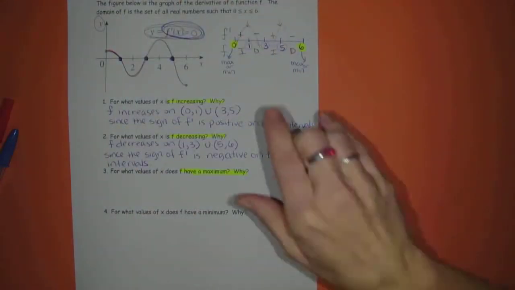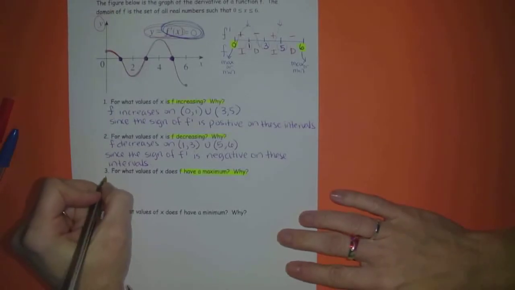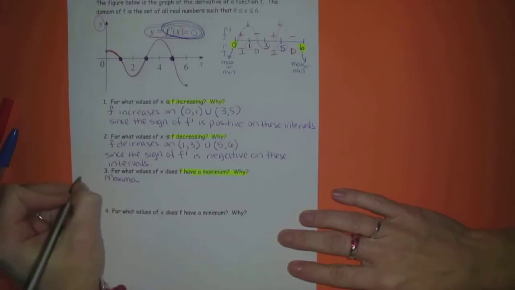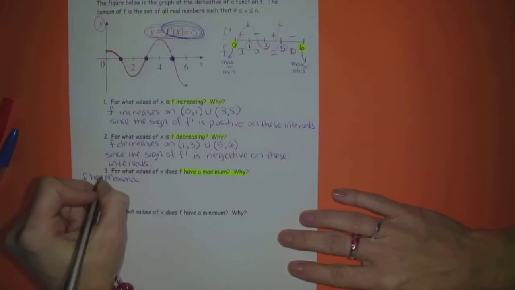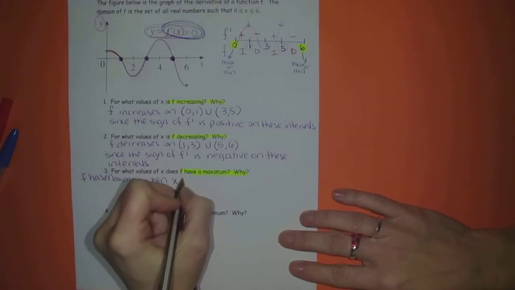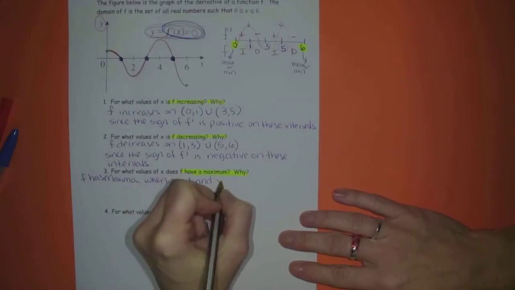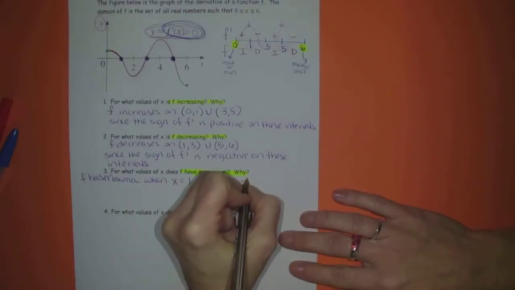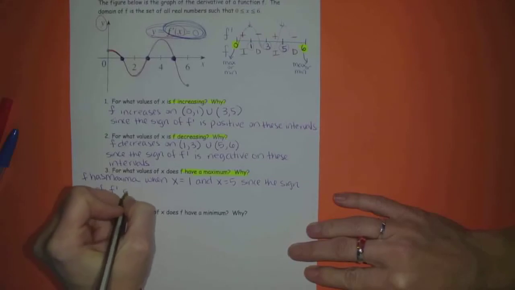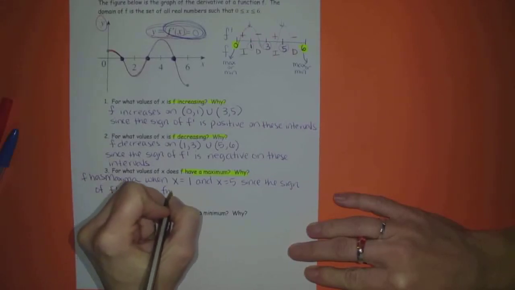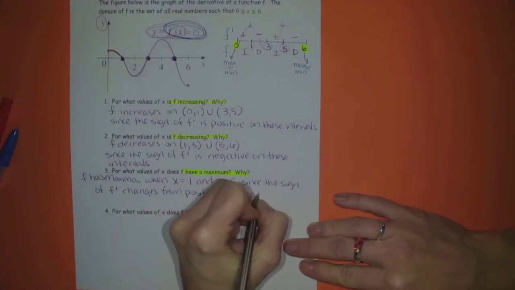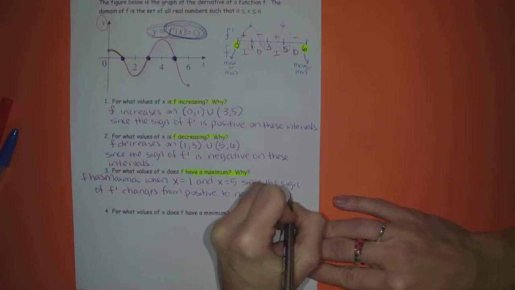So let's start off by stating the obvious. We'll say maxima, the plural for maximum, or maybe we'll say it like this: f has maxima when x equals 1 and x equals 5, since the sign of f prime changes from positive to negative at these values.